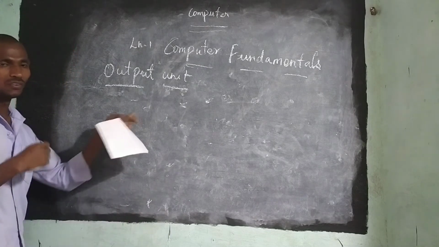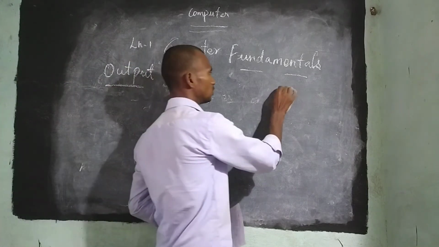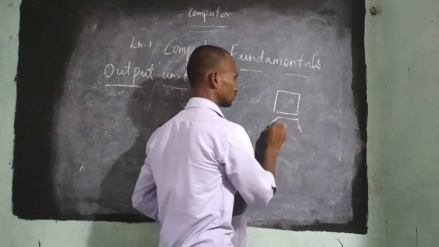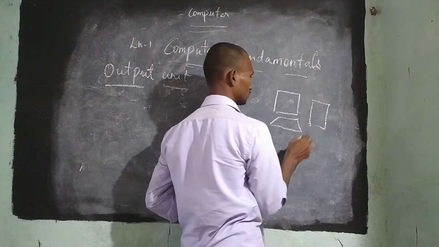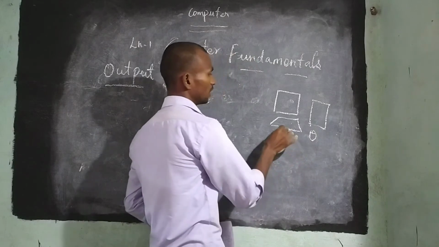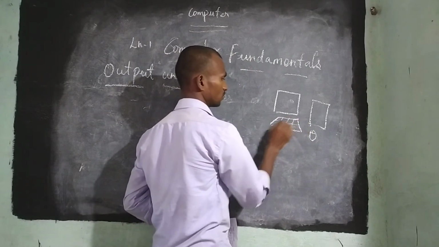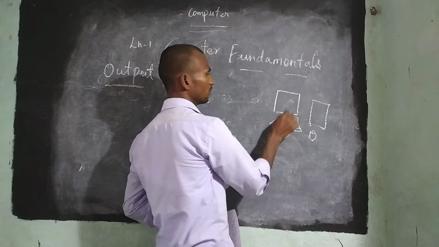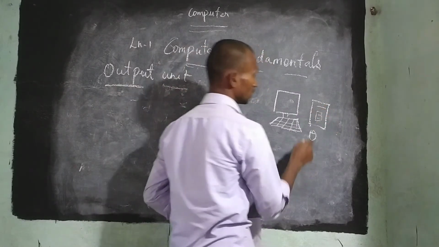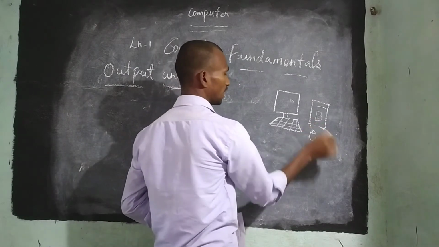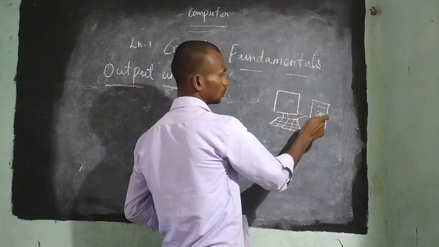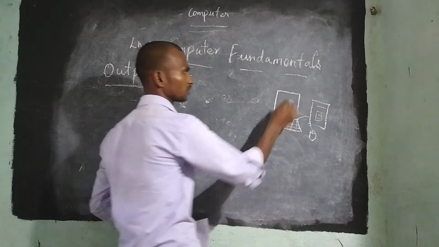For example, this is a computer. It is the monitor. Here it is the CPU. Here it is the mouse and the keyboard. Everything is connected to the CPU.